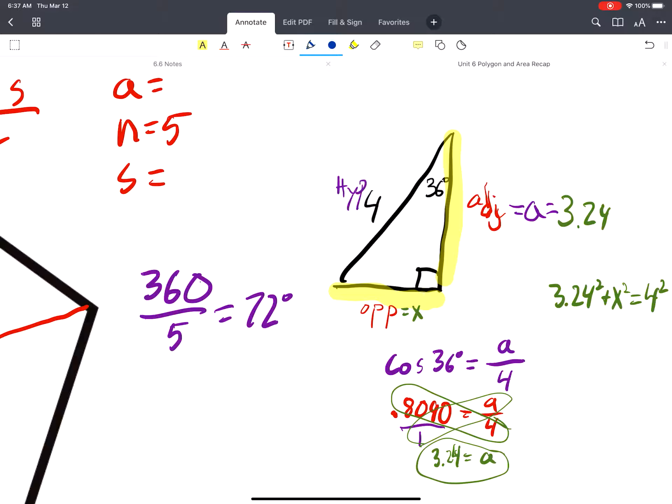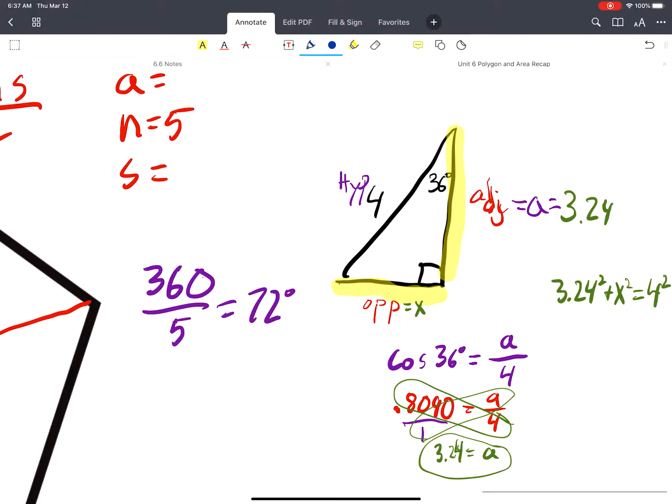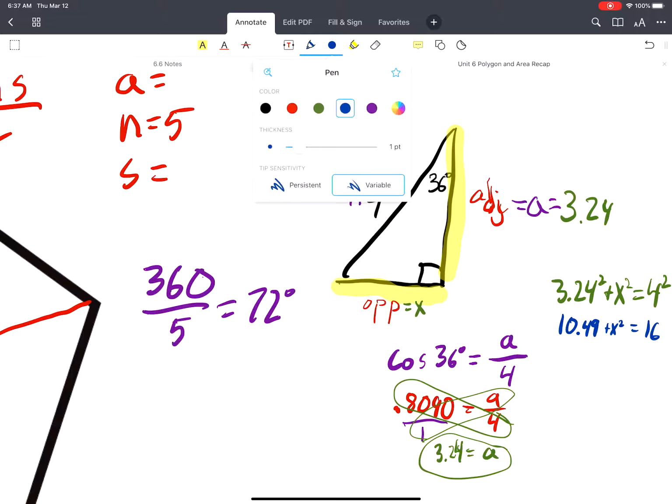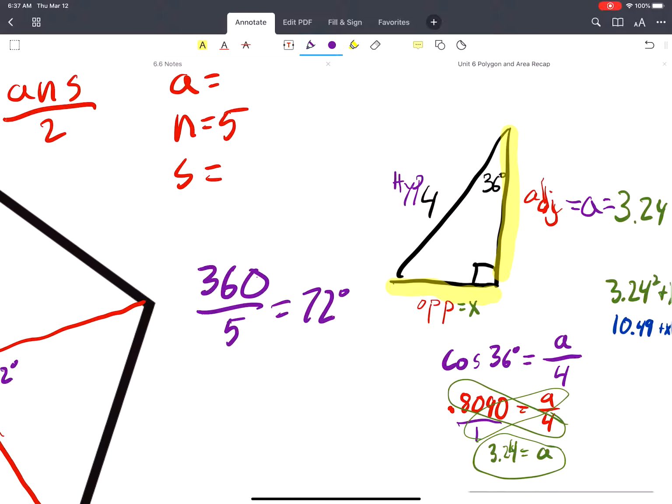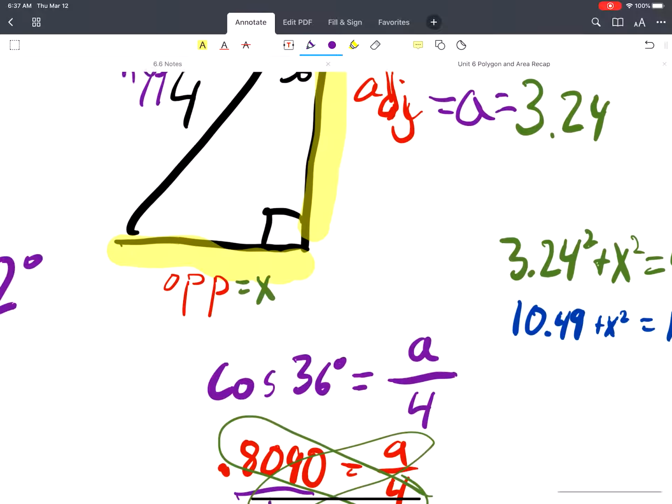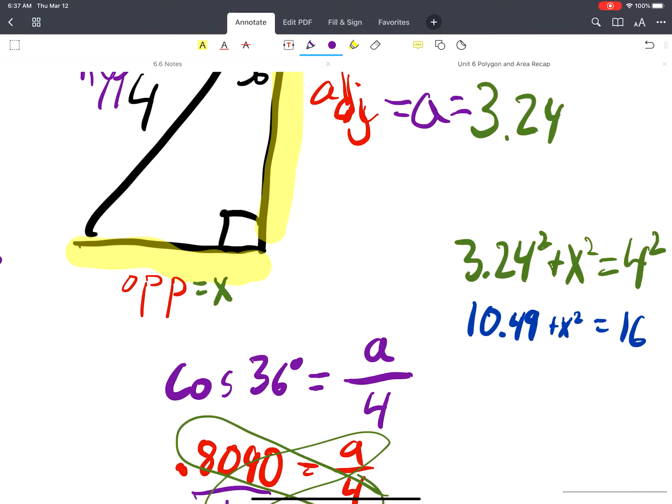When we square each of those, 3.24 squared is 10.49. We don't know what x is, so we'll leave it as x squared. 4 squared is 16. Subtract 10.49 from both sides.